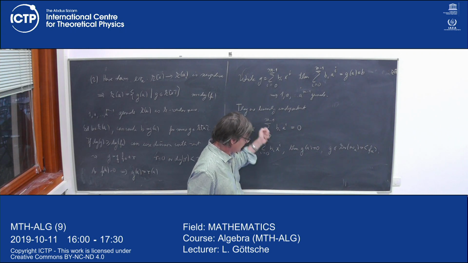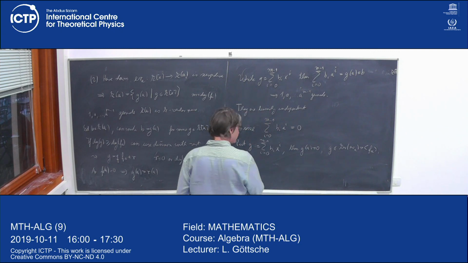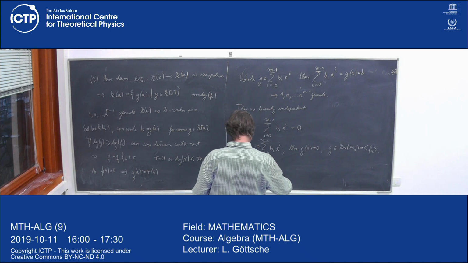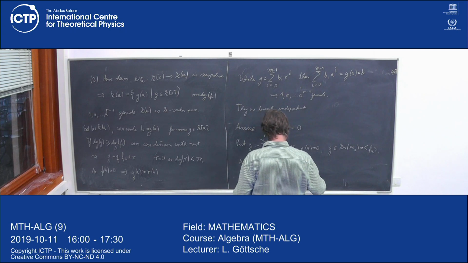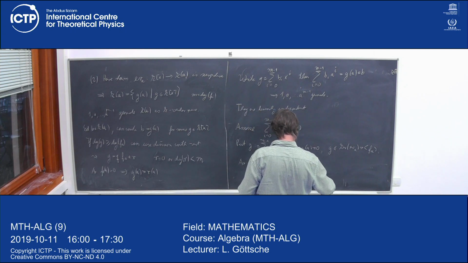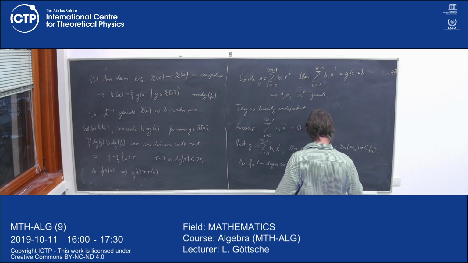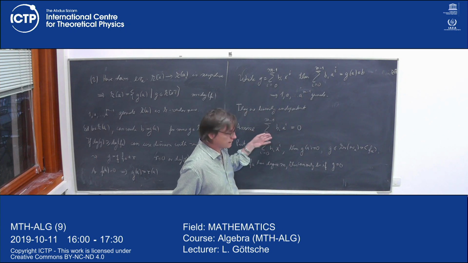This is only possible if g is equal to 0. And this means all these coefficients p_i are equal to 0. This means the a^i are linearly independent.